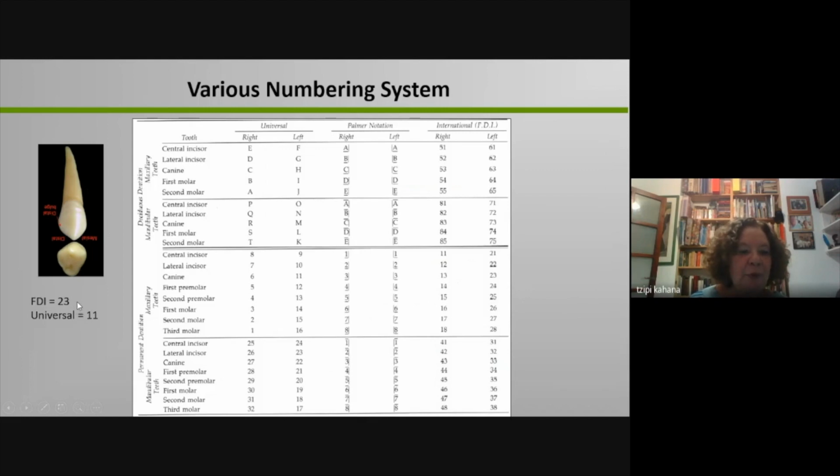Now I'm telling him on tooth number 23, I have caries on the mesial side, and when he's talking about the 23, he's not talking about the same tooth, okay? For this canine, I am saying 23, but in universal, it would be 11. So in our communication we have to make sure that we know which kind of numbering we are using to be able to say that we're talking about the same tooth.